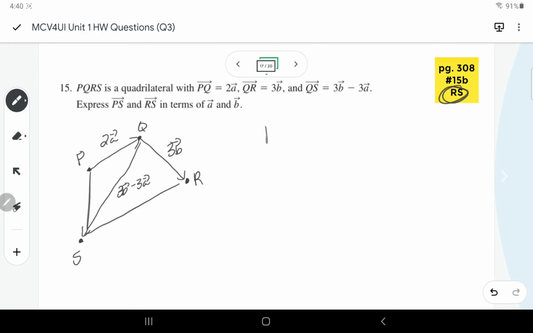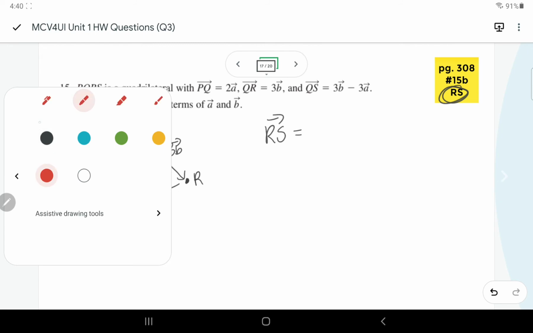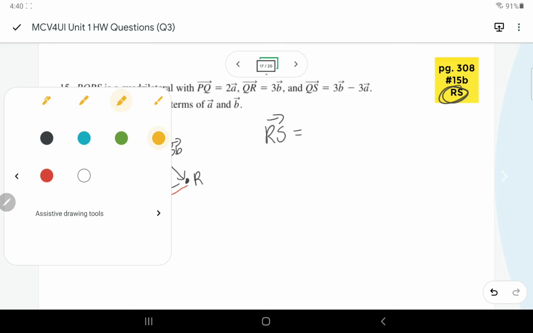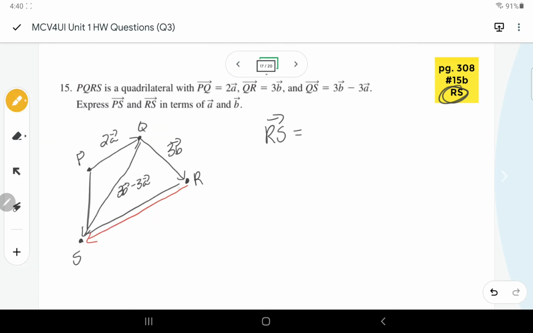So if I want RS, I'm going to want to find a path that goes from R to S along things that I know about. So I don't know going straight from R to S, but I do know something here and I do know something here.